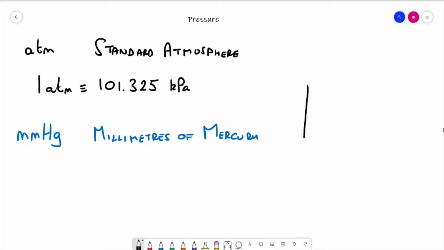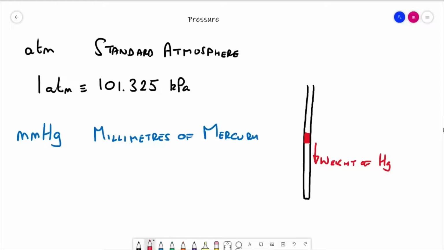How millimetres of mercury was originally defined is if you take a very thin tube, okay, which would be sealed at one end, and if you put some mercury inside the tube, okay, just like that, then obviously what would happen is that the weight of that mercury would push down on the air that was below it and would exert some extra pressure on that column of air that's trapped underneath the mercury.